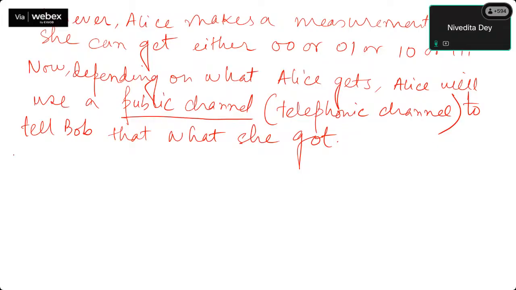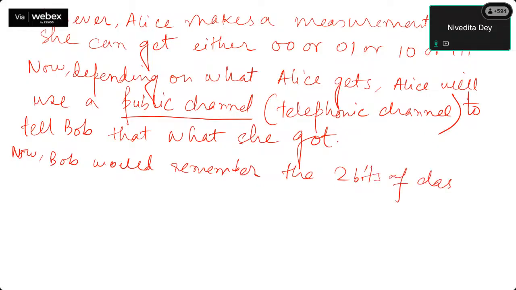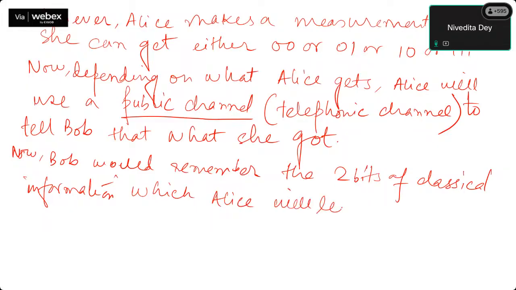So now Bob would remember the exactly 2 bits of classical information which Alice will be sending.